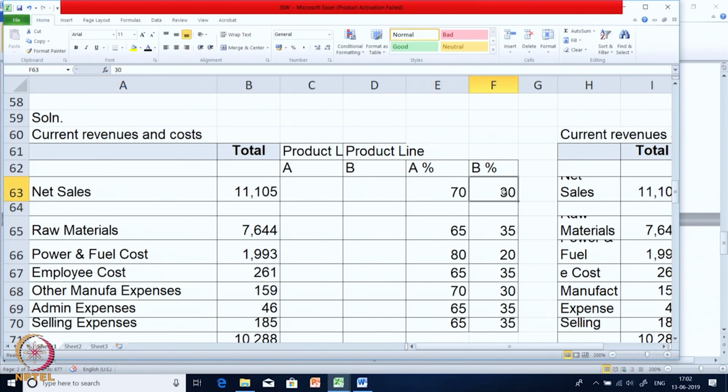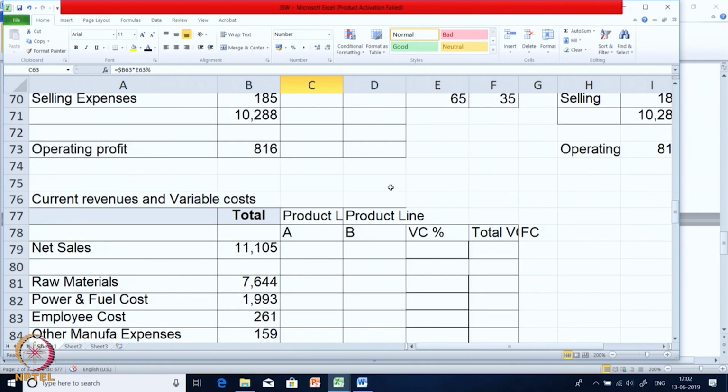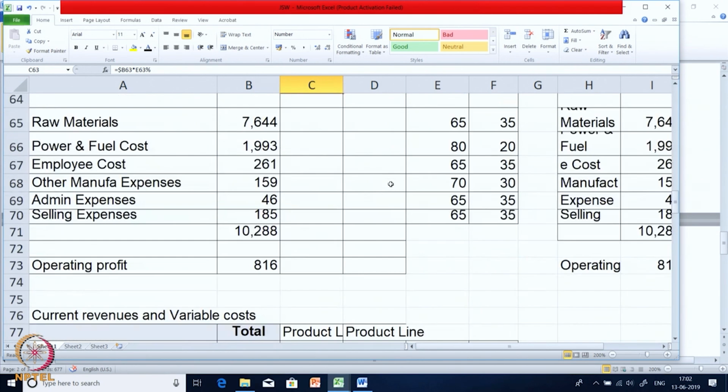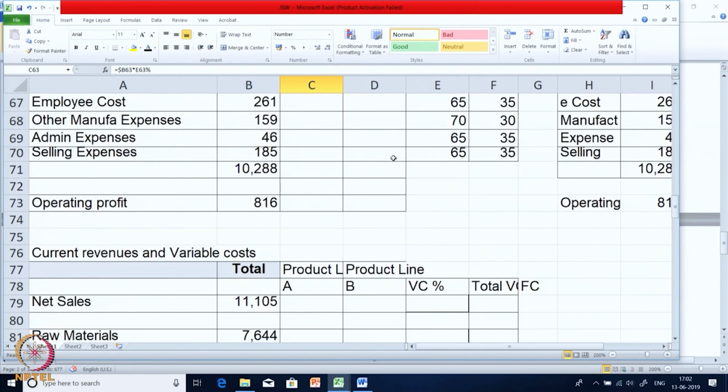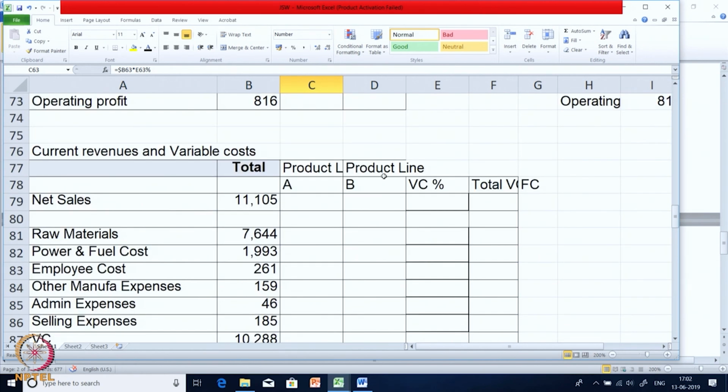Please apply the percentage and compute the relevant cost for A and B. To do this, you will first have to divide the variable component, and then charge the variable part to A and B separately, and the fixed part to A and B separately.